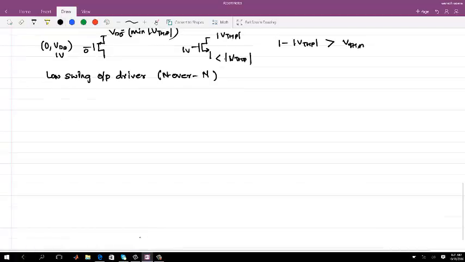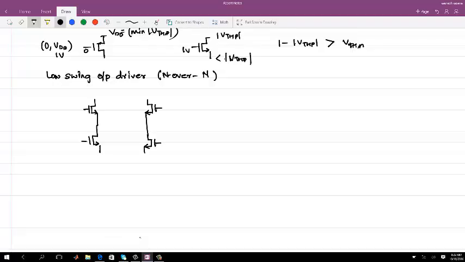Okay, and the basic circuit diagram is, now here you should be a little bit careful about what the control should be, because both are NMOS. Let's say the output impedance is 2RT. Now if this is D, here this should be D bar.